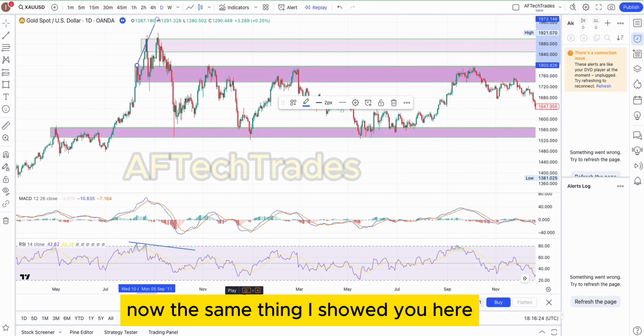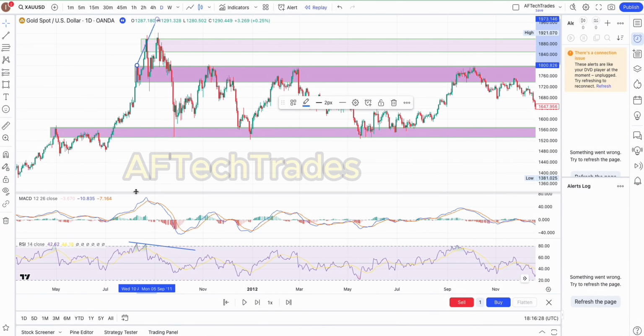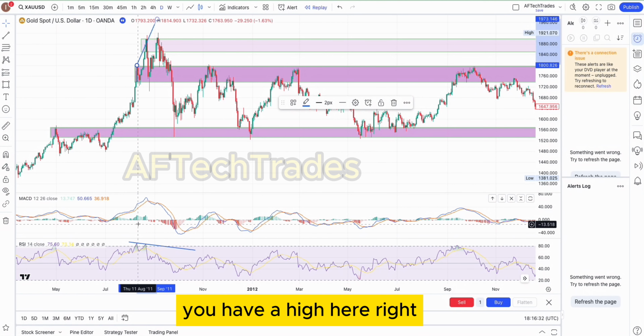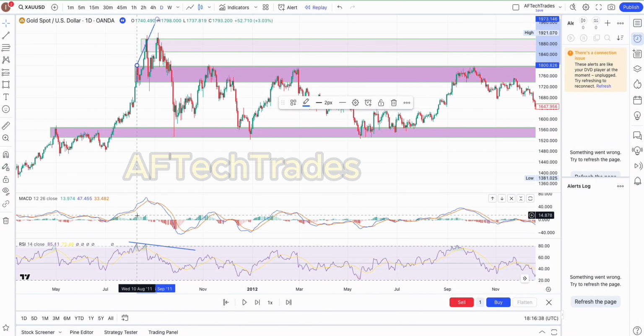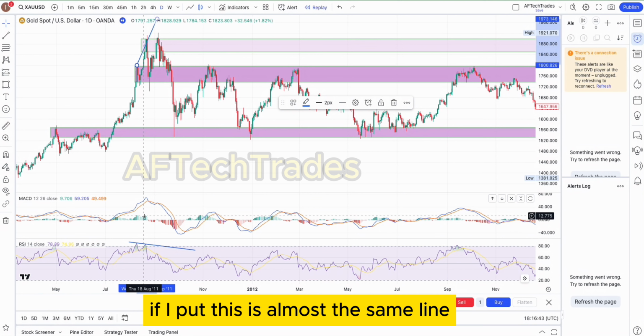Now, this same thing I showed you here, I could also do it on the MACD. On the MACD, within this region, you have a high here, right? Then at the second region, though it's not very visible, this is almost the same line.